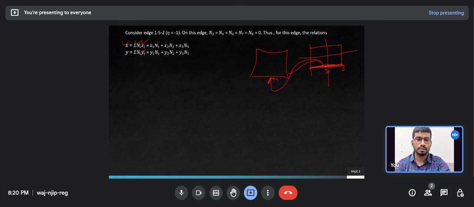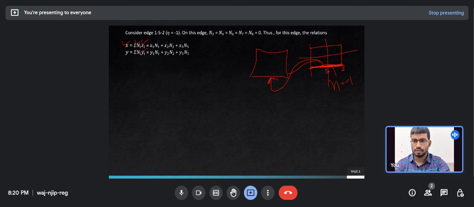That's why I have taken one edge only. You can take any edge, right? So for the explanation, I have taken one edge that is passing through nodes 1, 5, and 2, right? And we know that the value of eta here will be -1, and the value of xi for all other nodes along this edge will be 0, right?